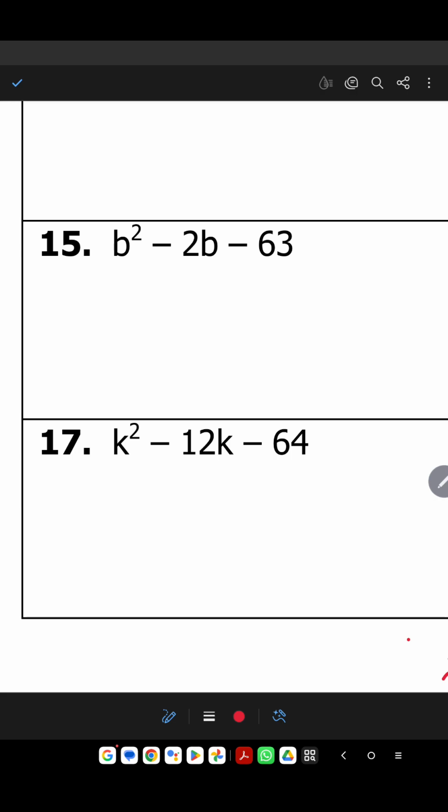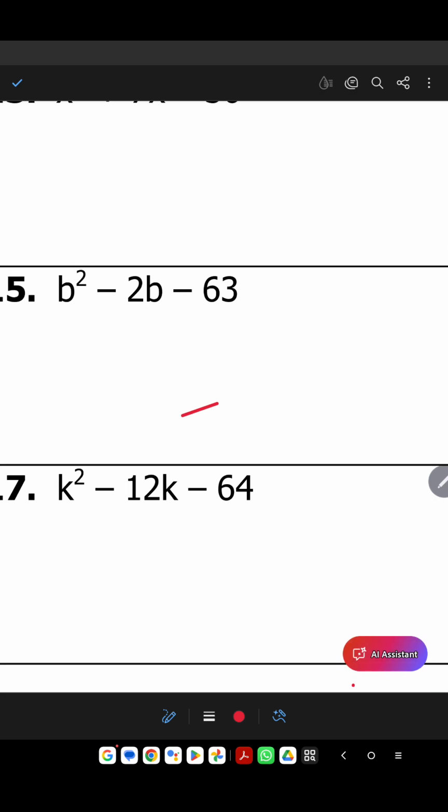Now for question 15, if you look at this one, you'll notice that there's something strange happening here. We have negatives and we have negatives. Don't worry about that, we'll take care of that. Let's identify our b in this case. And this time, I do not like the fact that our variable is b, because we have to find our b term.